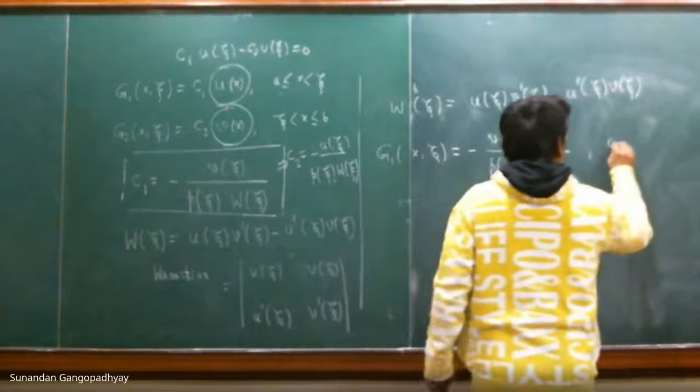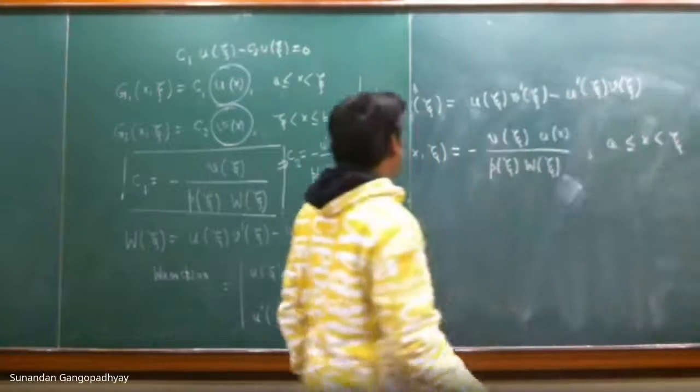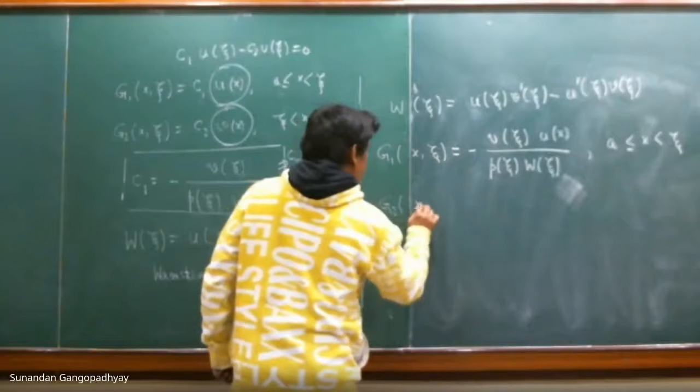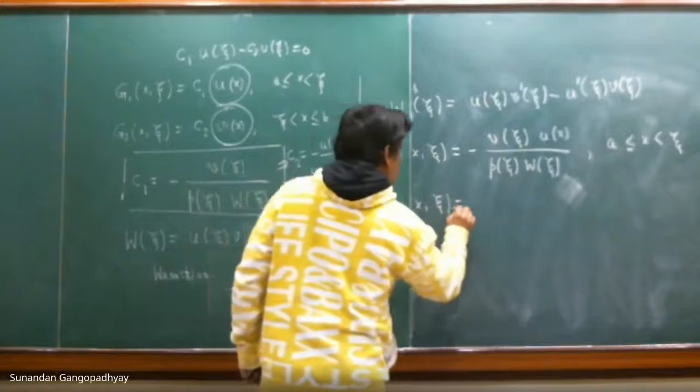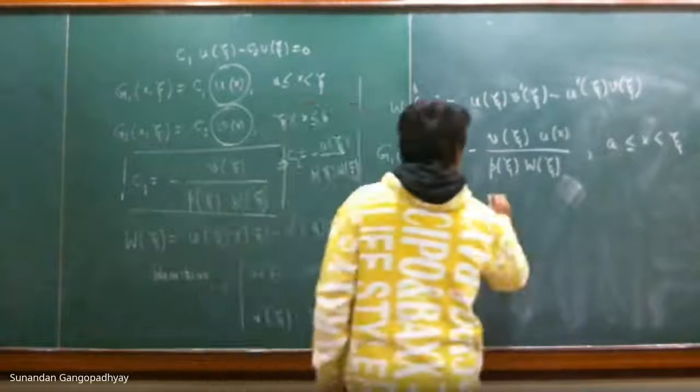In the interval, please remember what the interval is, in this interval, and G2 x comma xi is equal to minus U of xi.